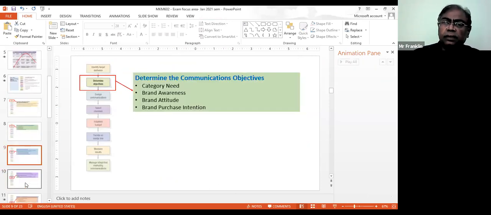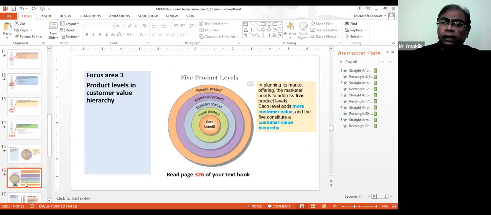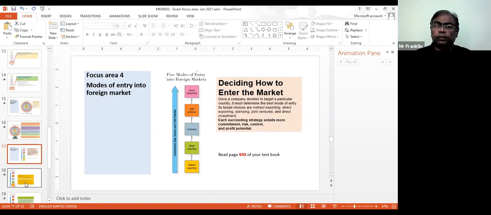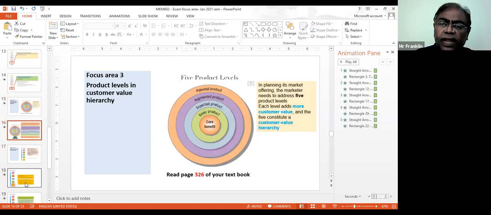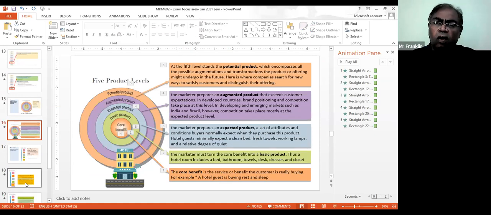Next we looked at the product levels. We looked at the 5 different product levels. The 5 levels are core benefit, basic, expected, augmented, and potential. We looked at the example of a hotel. The core benefit, you want to have a good rest. Basic is you should have bathroom towels, all these things. Expected, it should be clean, with a nice environment.